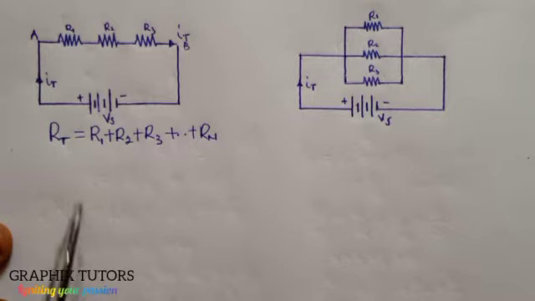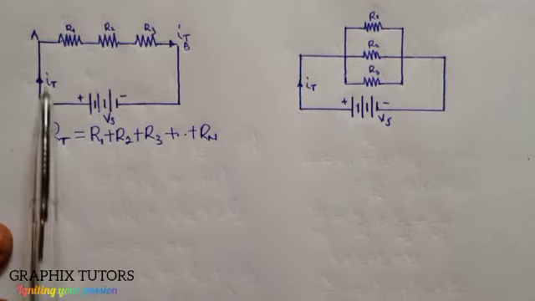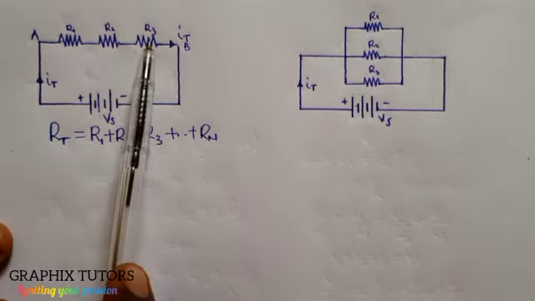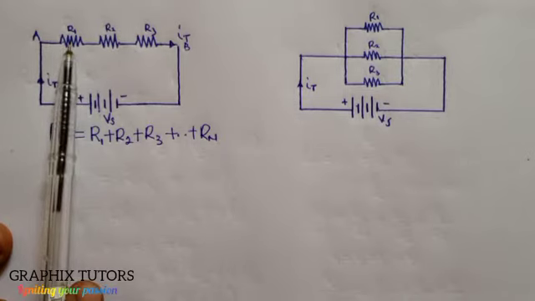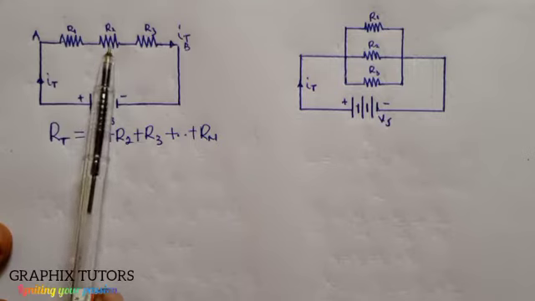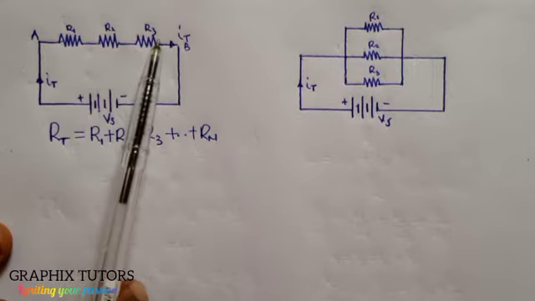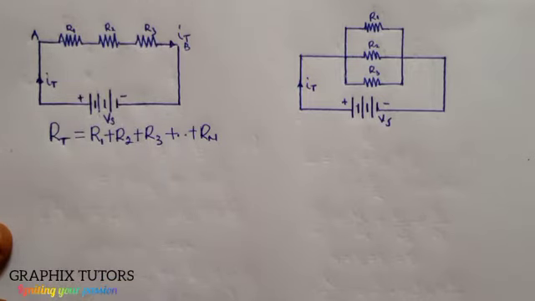Now, there's something about a series connection. The same current flows through the resistors, but there are different voltages across each resistor. So the voltage across resistor 1 is not the same as the voltage across resistor 2, neither is it the same as resistor 3, as long as the resistance of each resistor is different.